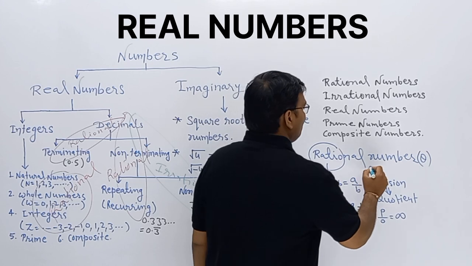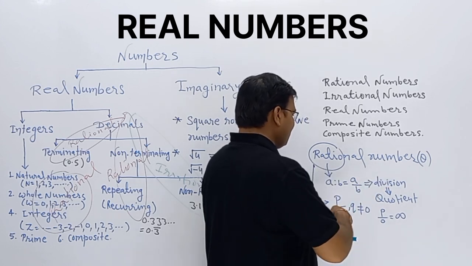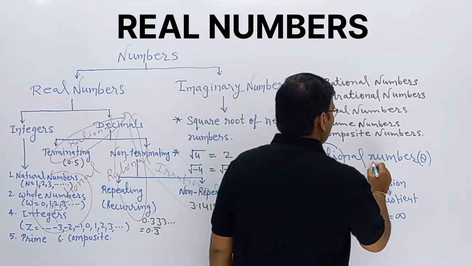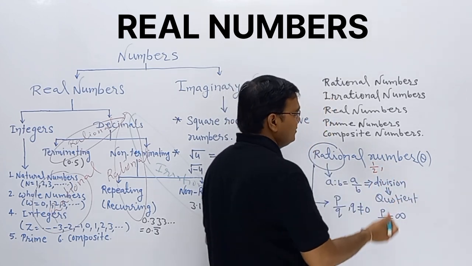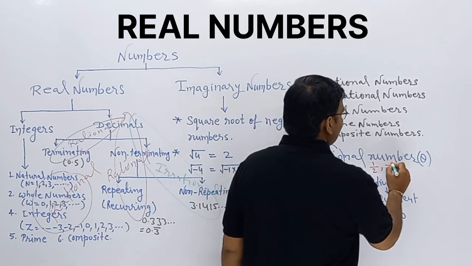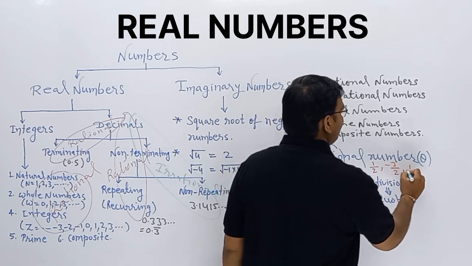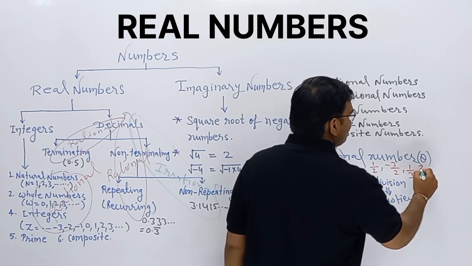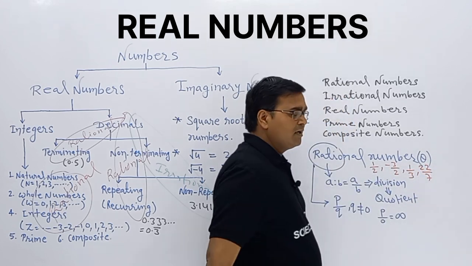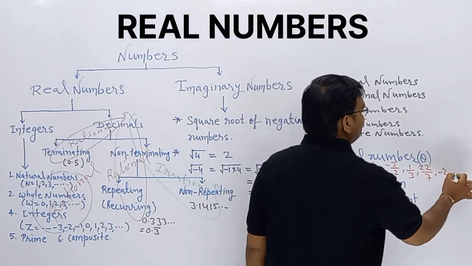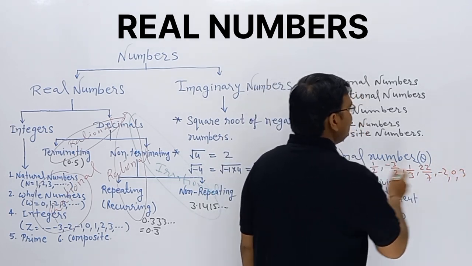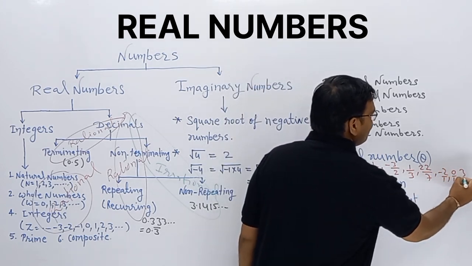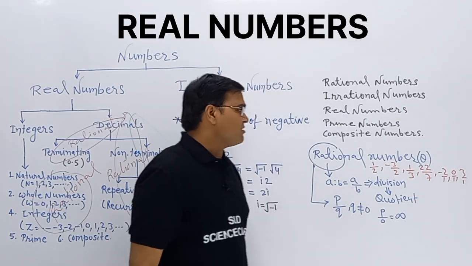Rational numbers are expressed in the P upon Q form, like 1 by 2, minus 3 by 2, 1 upon 3, 22 by 7. Minus 2, 0, 3 are integers, and integers can be expressed like this. So these are all rational numbers.